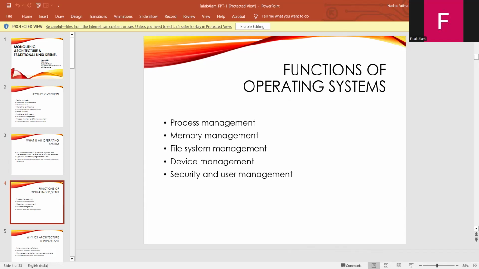Because of this file management system, we can easily create, delete, and modify the tasks and the data that is stored on the disk.